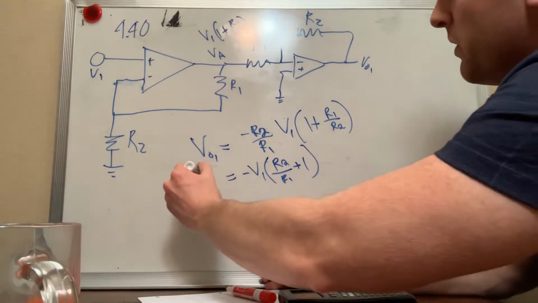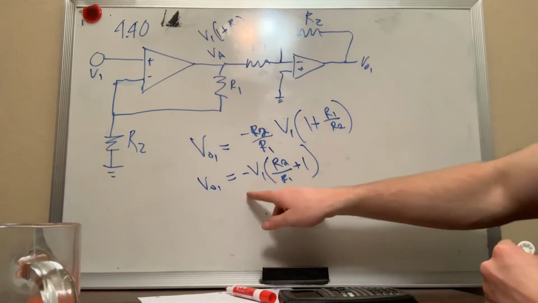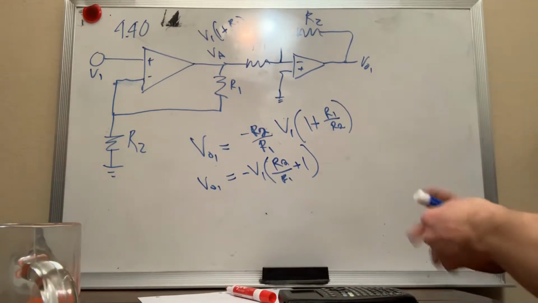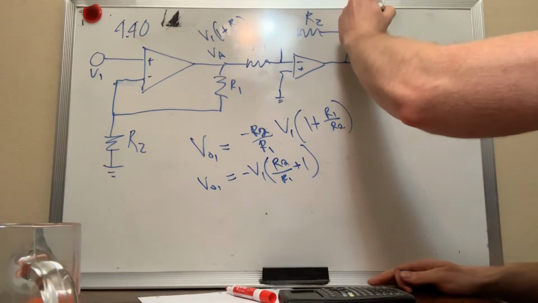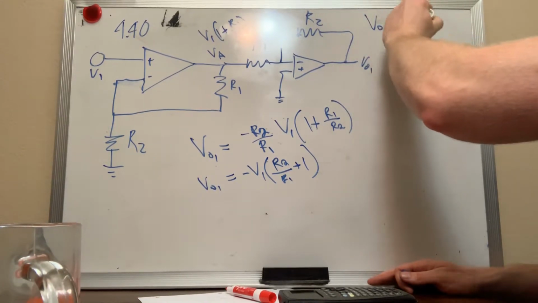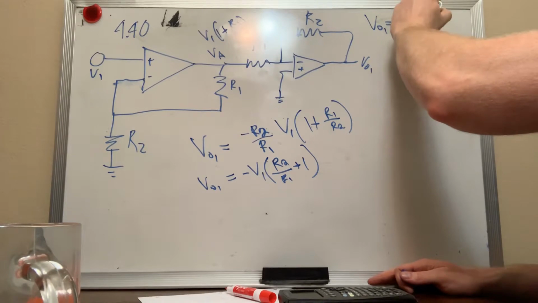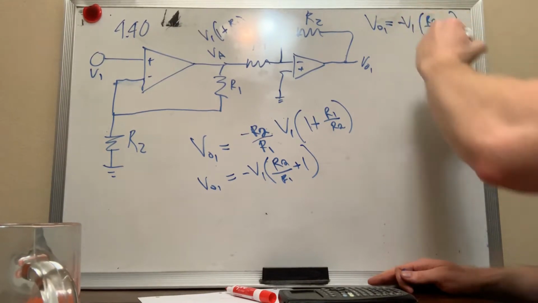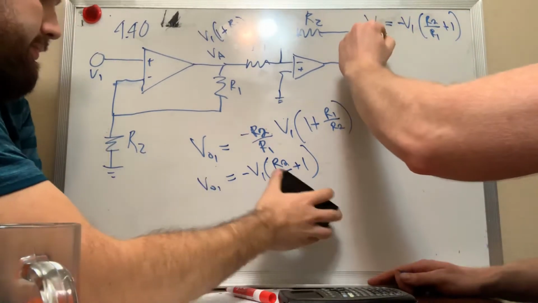So that's what Vout1 equals. That's our partial answer for this problem. That's one of the two. Let me put it right here. So Vout1 equals negative V1 times R2 over R1 plus 1. Right? Now we've got to find Vout2.